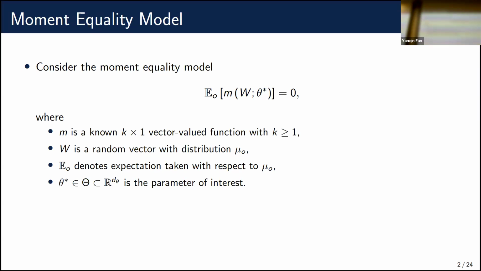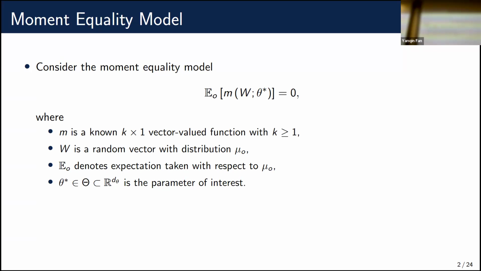Okay, so the model we study in this paper is a well-known class of moment models in econometrics. The parameter of interest, theta star here, is characterized by a finite number of moment conditions.